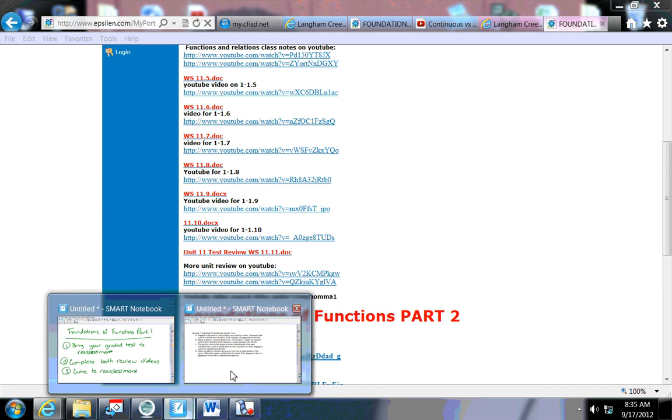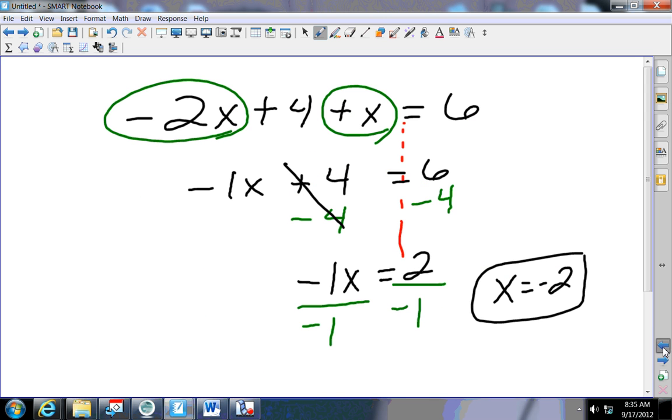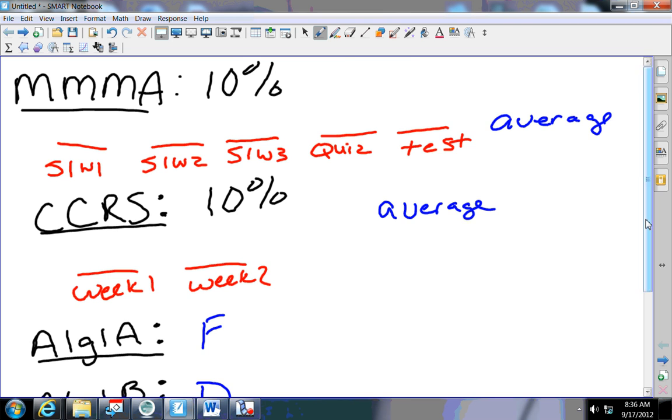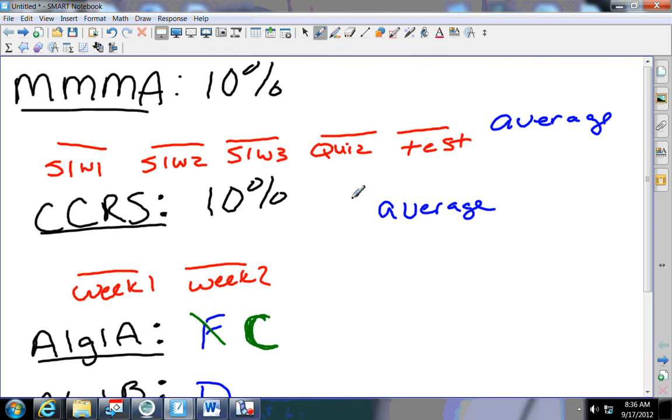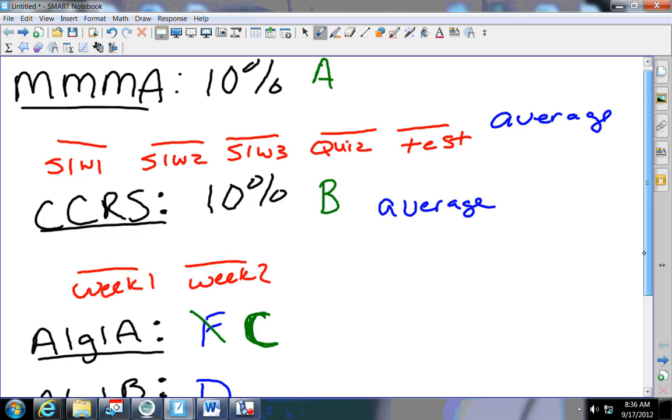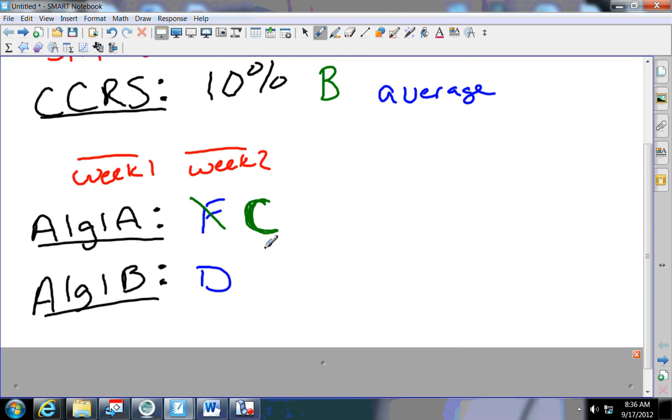So now when you reassess, there we go. Now when you reassess, say you go in here and maybe you raise this to a C. You could raise it up to a C. From here, now the C, the D, and whatever you got here, maybe this was a B, maybe this was an A. So now these things, like this is 10%, 10%, and these weighted categories will all average into your 6 weeks average.